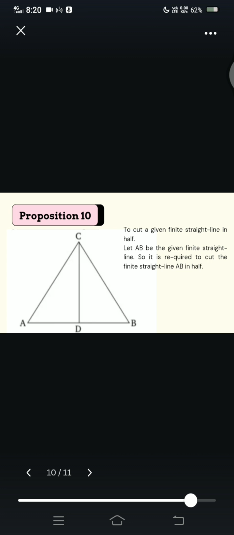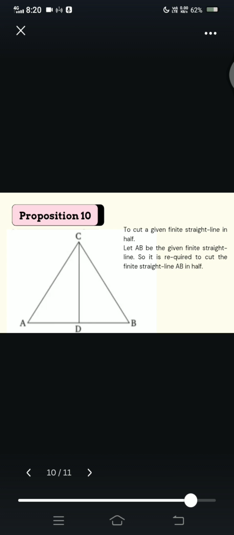So since the two sides of our triangle are equal, line CB is equal to our line CA, or we can just simply use our line CD for both triangles.